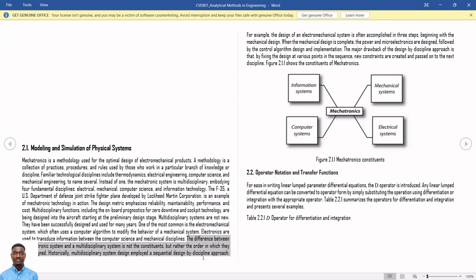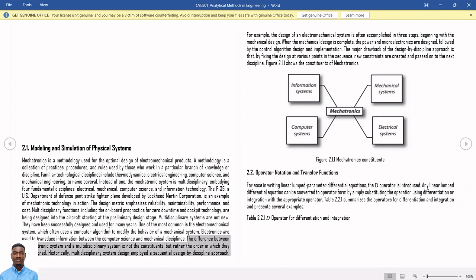After their completion, they carry it on to the next discipline until the whole system is completed. For instance, if a certain multidisciplinary system is to be designed, and that system will require electrical, mechanical, and computer disciplines to complete the design of that system.